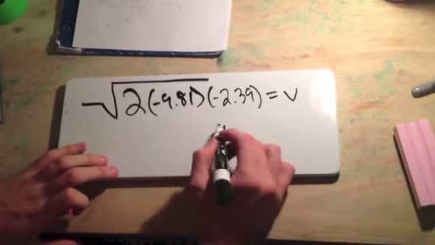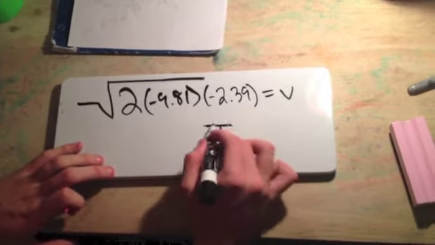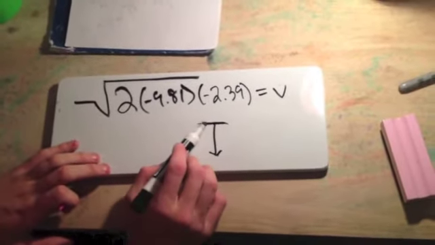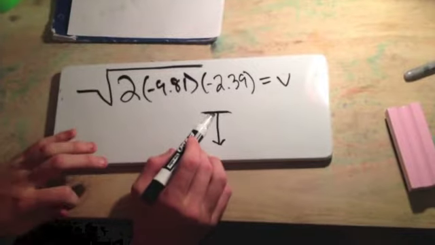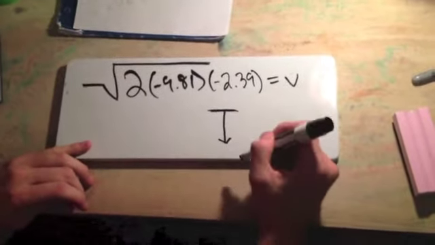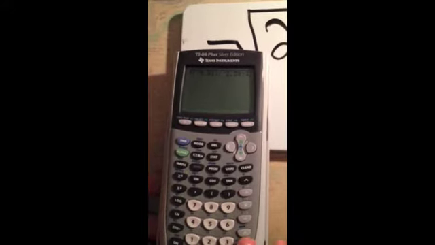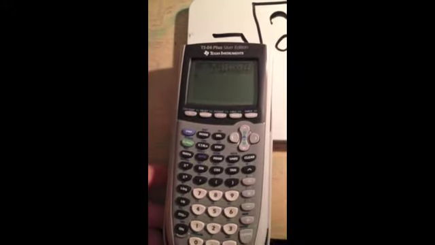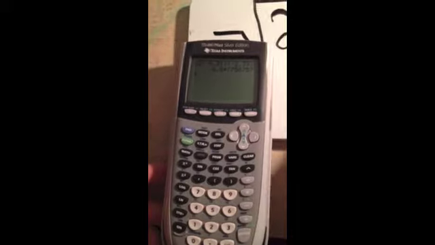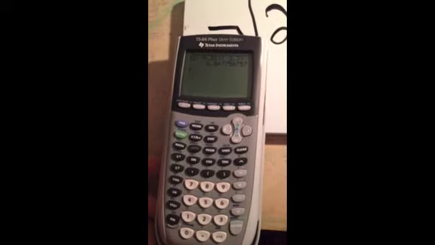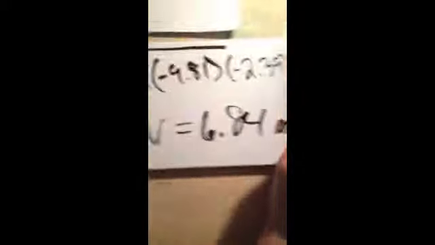So we're saying negative 2.39, meaning the top where we're dropping her is our frame of zero reference, so it will be a negative direction down. To finish off the problem, all we have to do is plug into the calculator. Bada boom, bada bing. Velocity equals 6.84 meters per second.